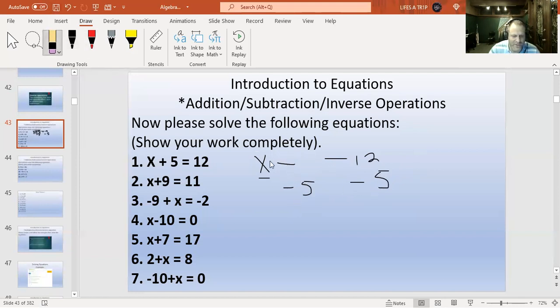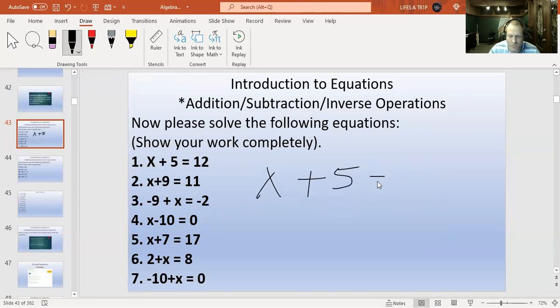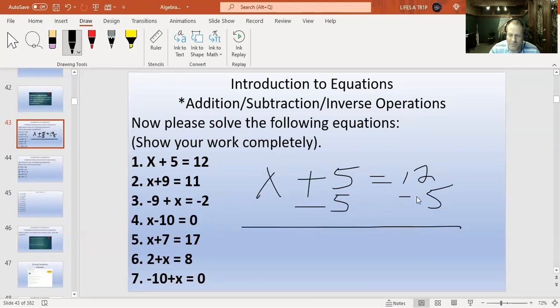Let me clear this up just a little bit. x plus 5 equals 12. Let's do inverse operations. We're doing addition up here, so that means we need to do subtraction down here on both sides of the equal sign.